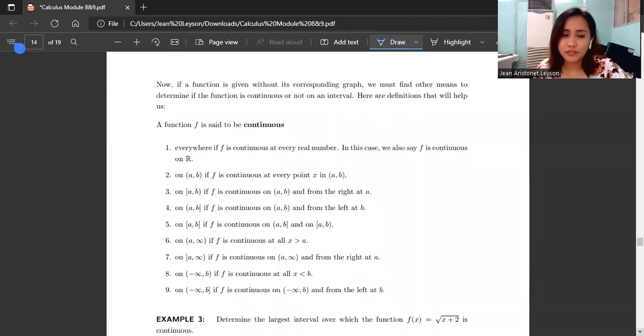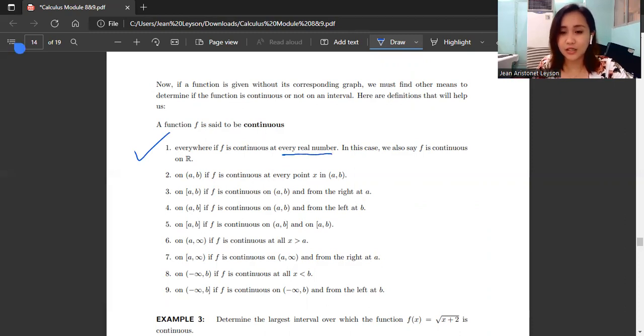Now, if a function is given without its corresponding graph, same with earlier, we must find other means to determine if the function is continuous or not on an interval. So here are definitions that will help us. A function f is said to be continuous, number 1, everywhere if the function is continuous at every real number.